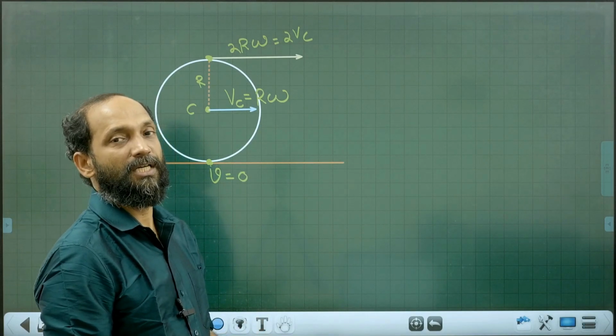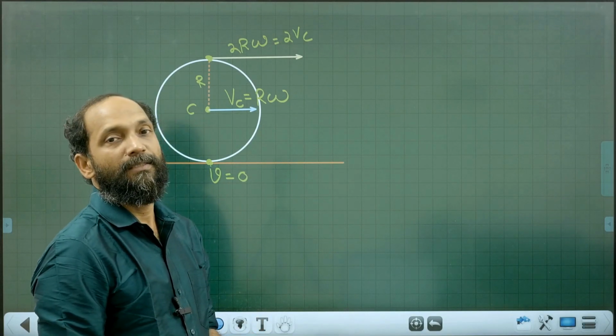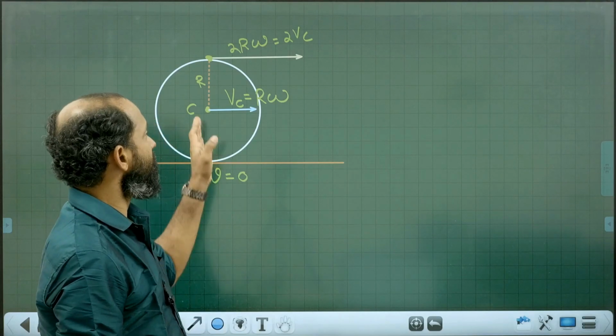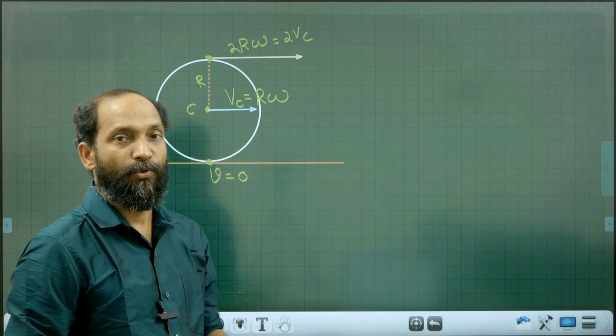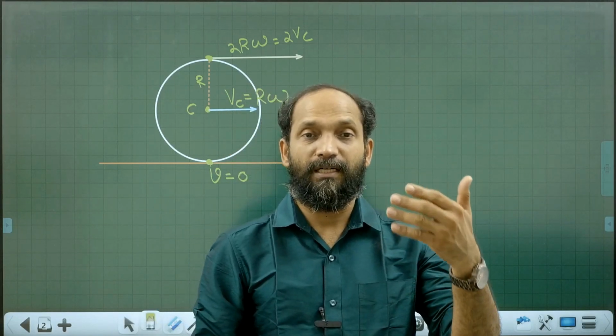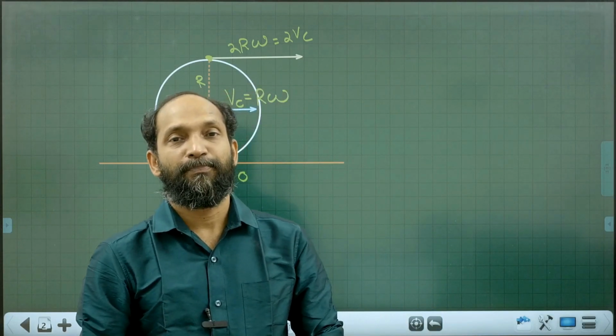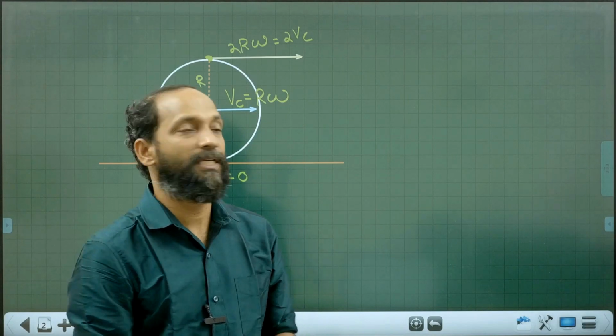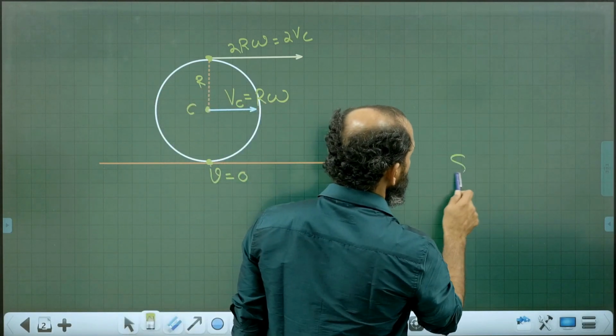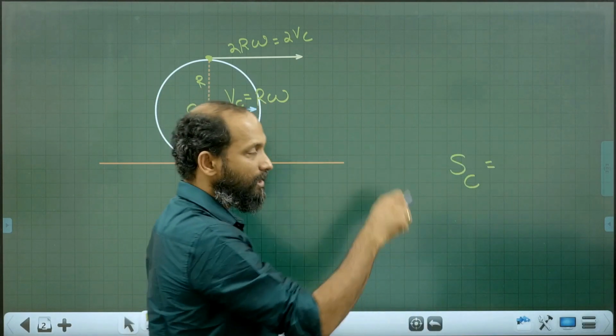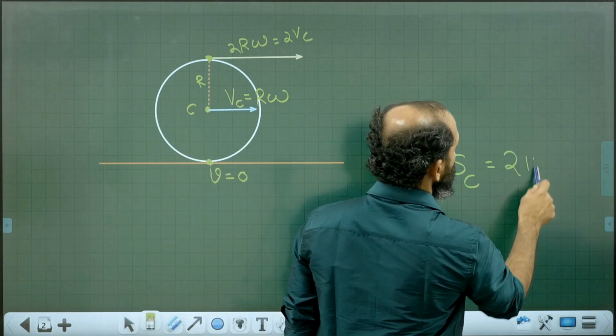The distance traveled by the center of mass for that peripheral particle completing one rotation is equal to 2 pi r.